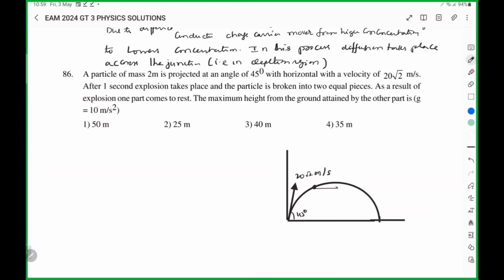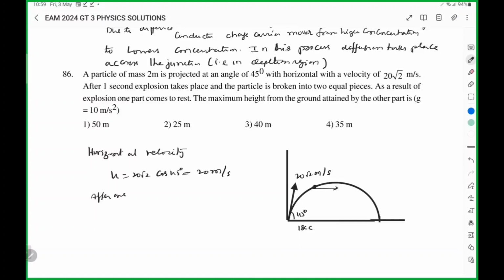After 1 second, the horizontal velocity is u = 20√2 cos 45. Horizontal velocity throughout the path will be constant.